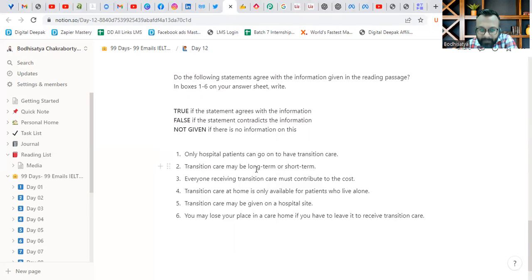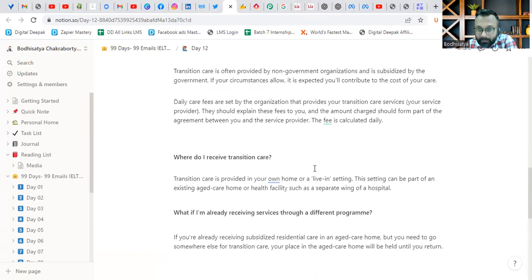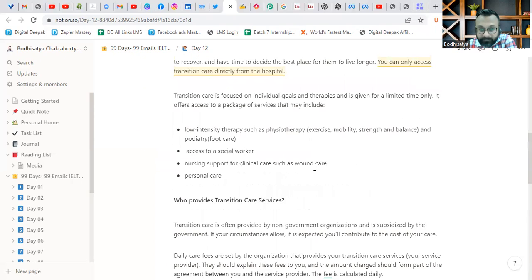Transition care may be long term or short term. In this particular statement here, transition care is focused on individual goals and therapies and is given for a limited time only. Now, the thing to understand over here is limited.